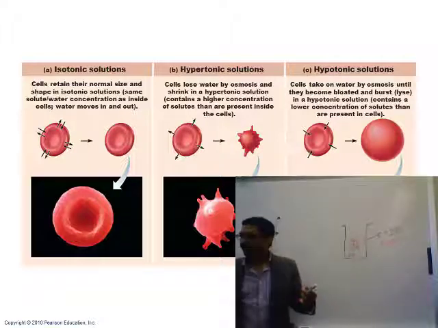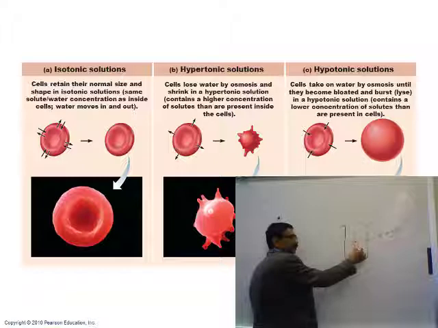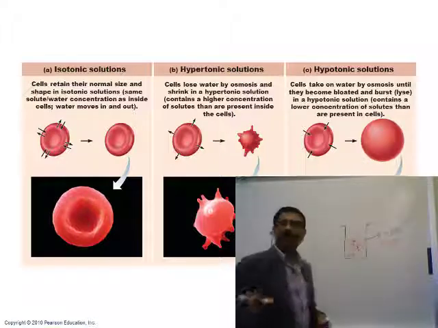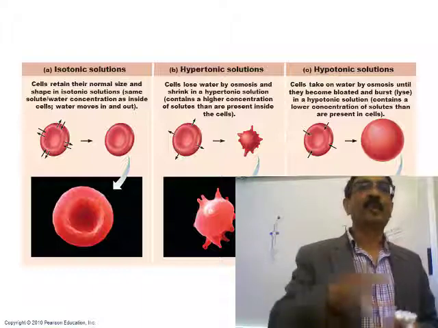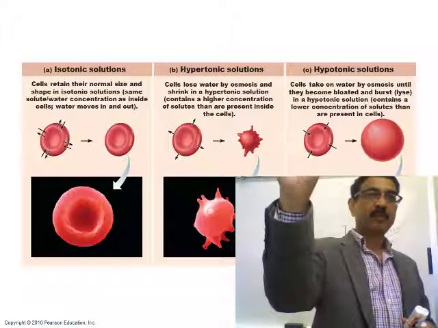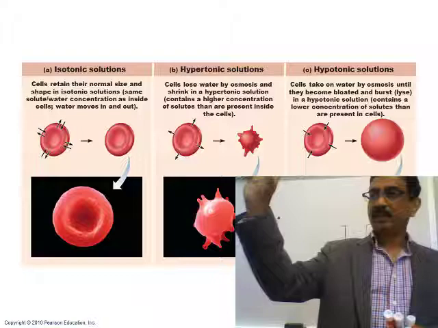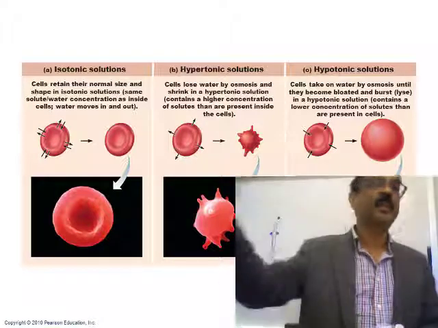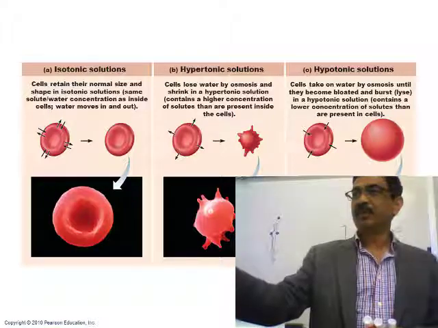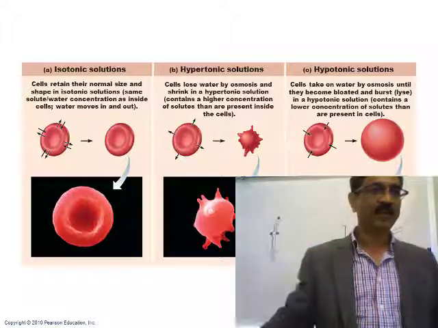Low to high. So in this case, low to high, that means water will leave the cell, right? Will get out from the cell. So what will happen? The cell will get smaller, shrink, right? The cell will shrink. That is the response of the cell in hypertonic solution. Water will get out. Is it clear?